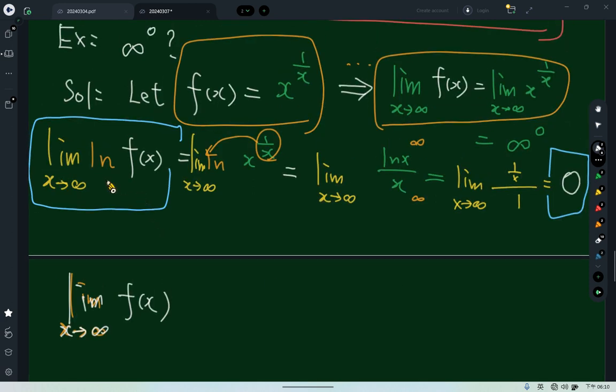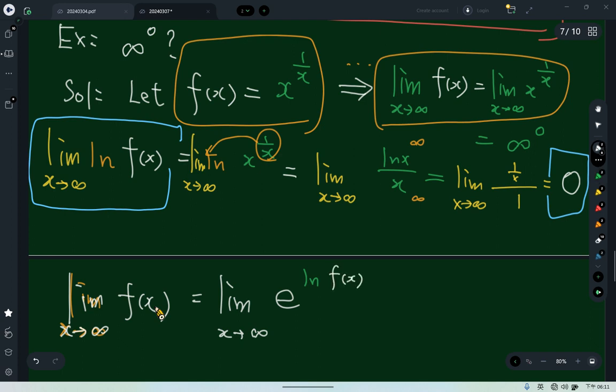We take its ln value, but eventually what we want is the limit of e to the power of ln f of x.